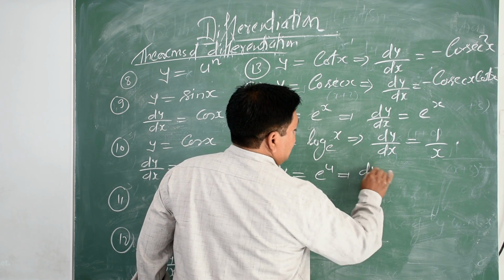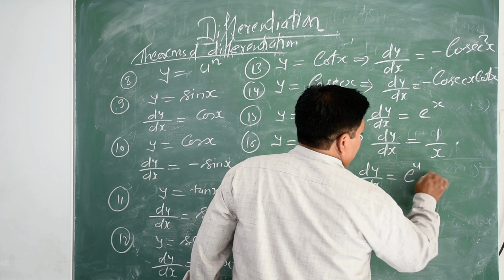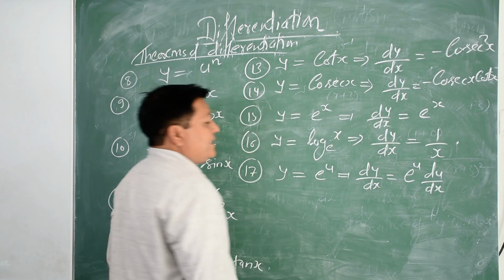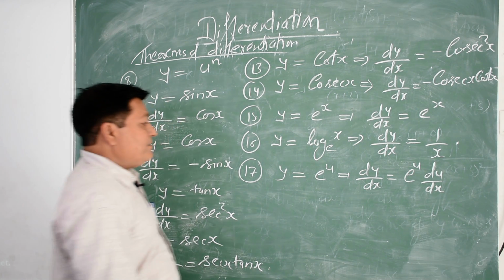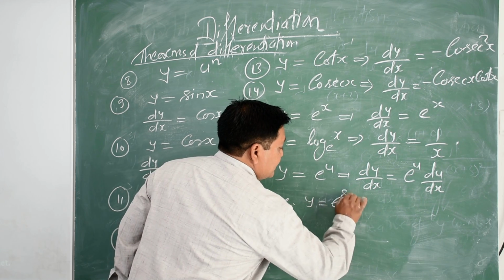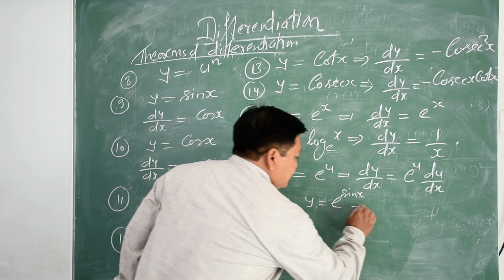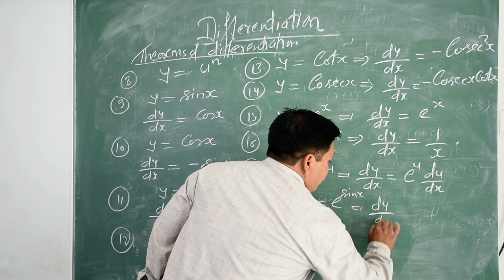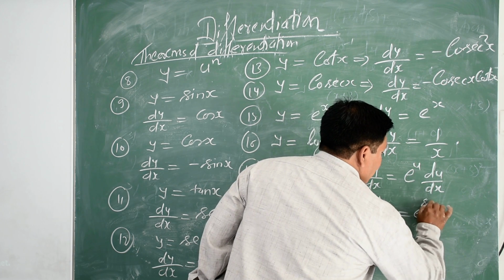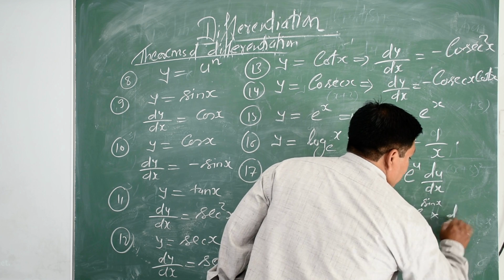Then its differentiation dy by dx will become e to the power u and d by dx of u. How do we get this type of problem? We can say that if y is equal to e to the power sin x, then its differentiation dy by dx is equal to e to the power sin x, and d by dx of sin x is cos x.